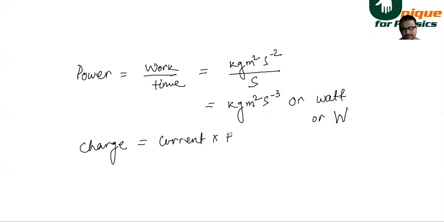For current the unit is ampere, and time is second, so ampere second. There is a dedicated unit for this ampere second. We call the unit for charge coulomb, or C when writing in short.